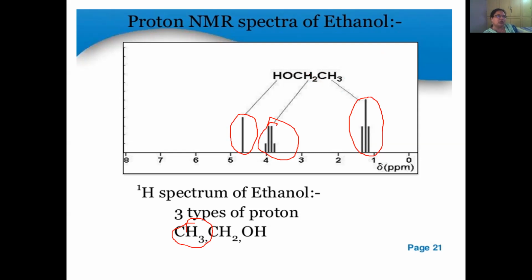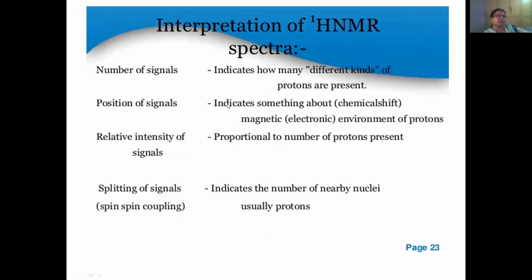Now for CH2, beside it you have CH3, so 3 plus 1 is 4. For this CH2 group, you should get a quartet, that is 4 signals. And for this OH, you'll see a singlet peak here.